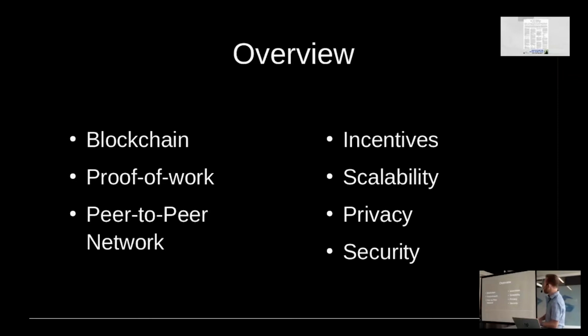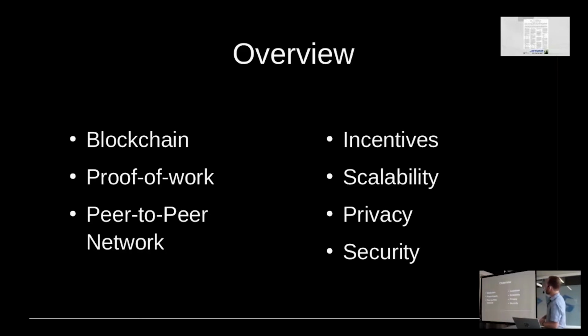So for this overview, we're going to be going over a few concepts. The blockchain, of course, probably the most important thing on here. Proof of work, the peer-to-peer network, which often gets overlooked, but that is also quite the innovation that Bitcoin uses underneath the hood. The incentives. Why would you work in the first place?